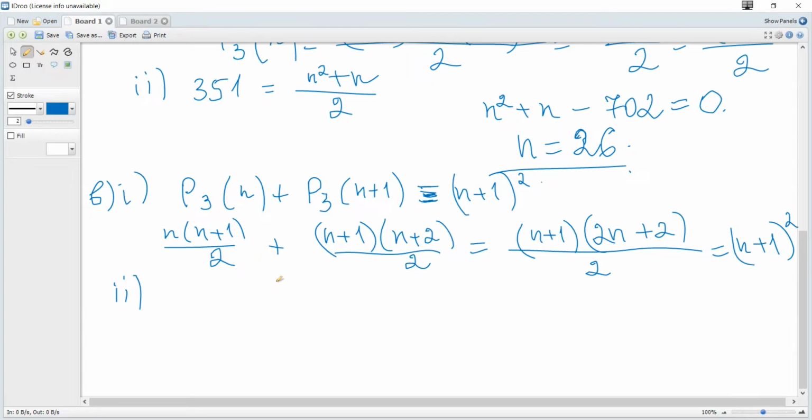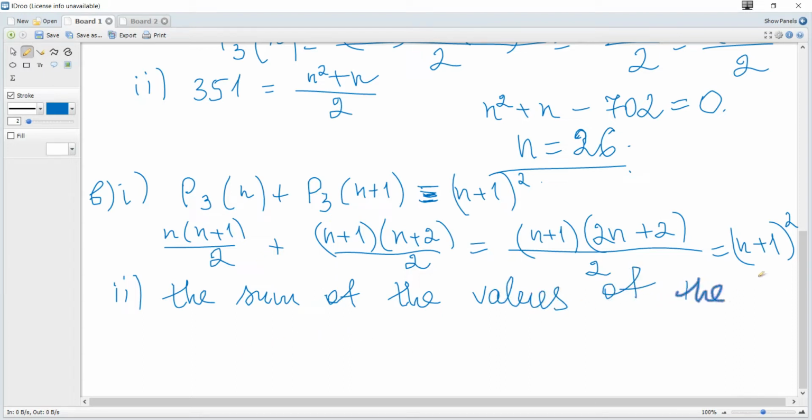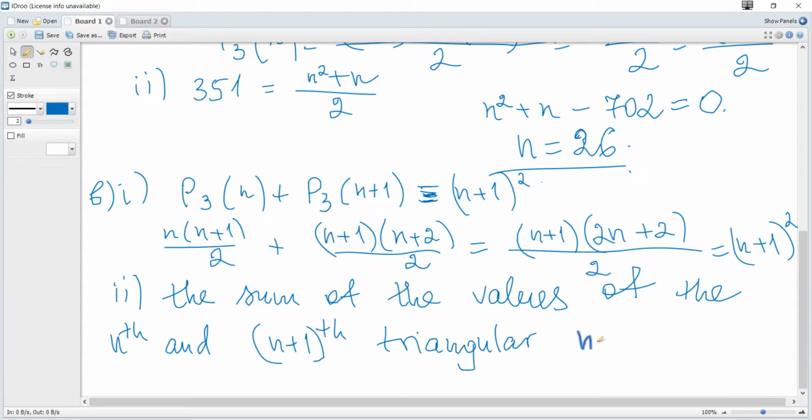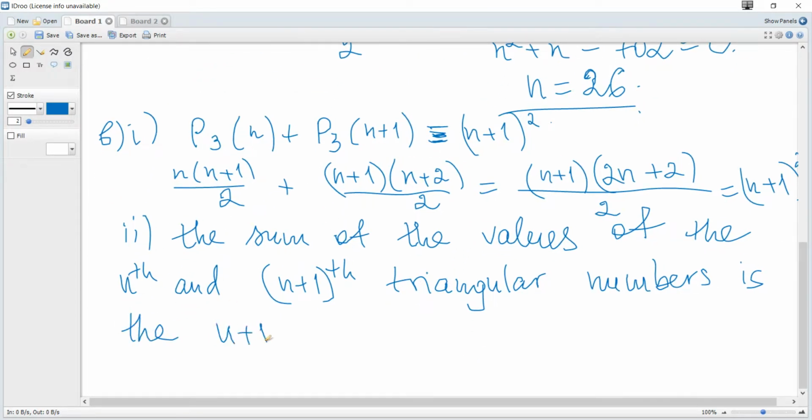The sum of 2 consecutive triangular numbers, the nth and the n plus 1th, is the n plus 1 squared number.